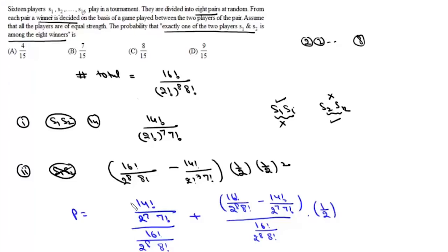Now first we'll calculate this probability. Now this is factorial 14 upon 2 to the power 7 factorial 7, and this is factorial 16 upon 2 to the power 8 and factorial 8.